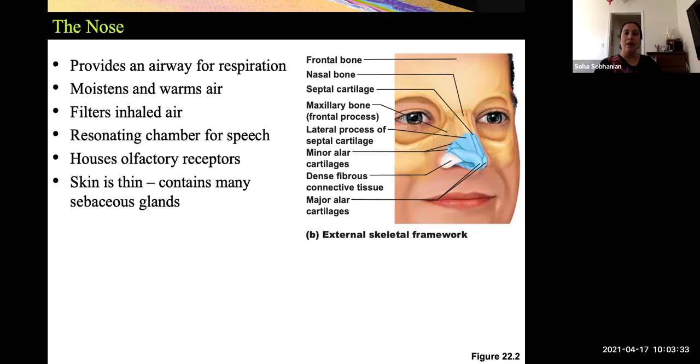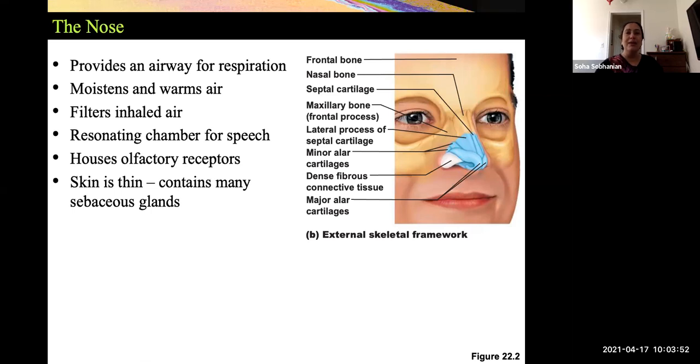So it's not dry, which can possibly cause damage to your lung tissue. You warm up the air, which is also important because, again, internal body temperature is always maintained at 37 degrees or 98.6 degrees Fahrenheit.